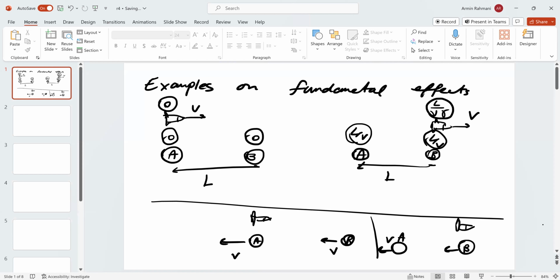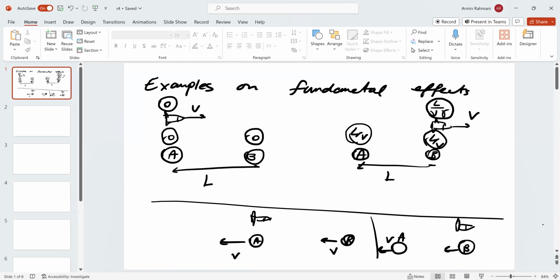Okay, so from the point of view of the spaceship, those A and B are moving. So time dilation works in the opposite direction, right? The clocks on A and B are ticking more slowly from the point of view of someone on that spaceship.